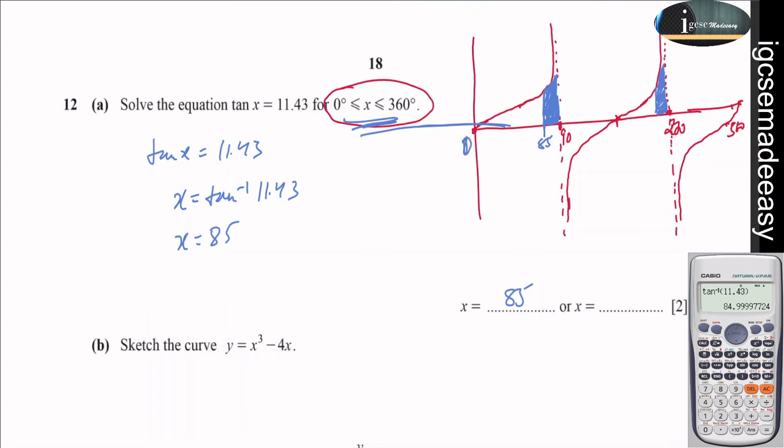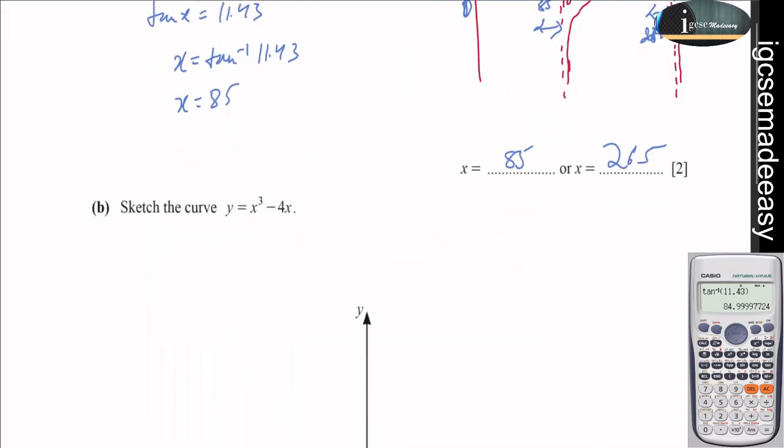The same type of pattern is followed here and here. This is 5 units behind 90, so 5 units behind 270 is 270 minus 5, which is 265. So the next value of x will be 265. Got it? This is how we have to do it.